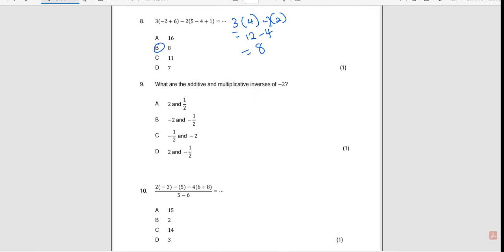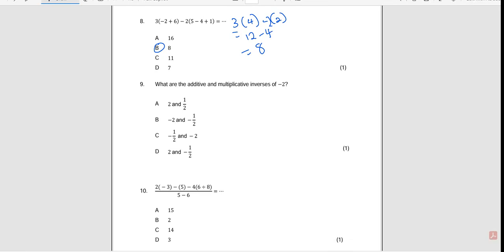What are the additive and multiplicative inverses of negative 2? So guys, we've discussed additive. Additive is the number that you add to the number. The number that I have to add to negative 2 must give me 0.